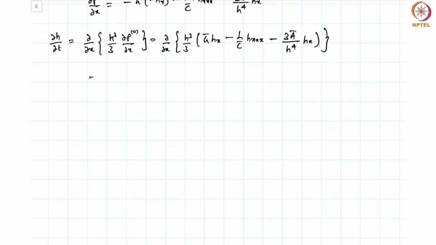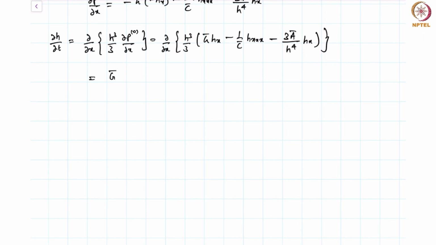So let's multiply h cube by 3 with the terms there. So we have, I'll do 2 steps in one shot. I will multiply and then take the derivative simultaneously.